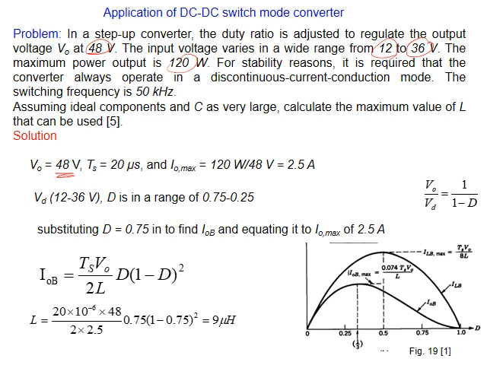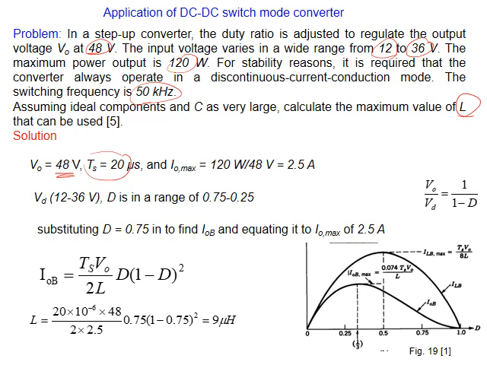For stability reasons, it is required that the converter always operates in discontinuous conduction mode. The switching frequency is given as 50, so I can find the period, 1 over 50 kilohertz. Assume ideal components and C very large. Calculate the maximum value of L that can be used. This is the opposite of the previous example. It was the minimum value, now the maximum value.